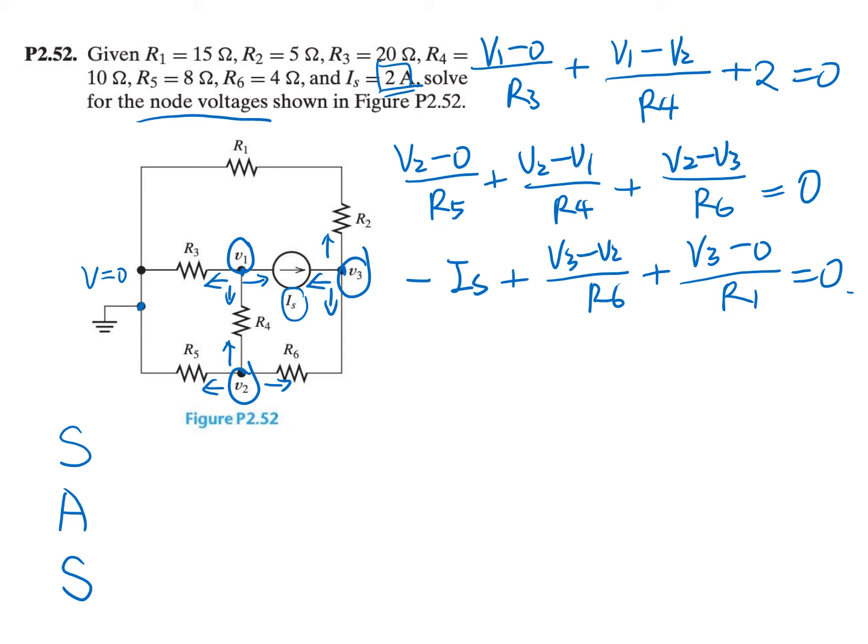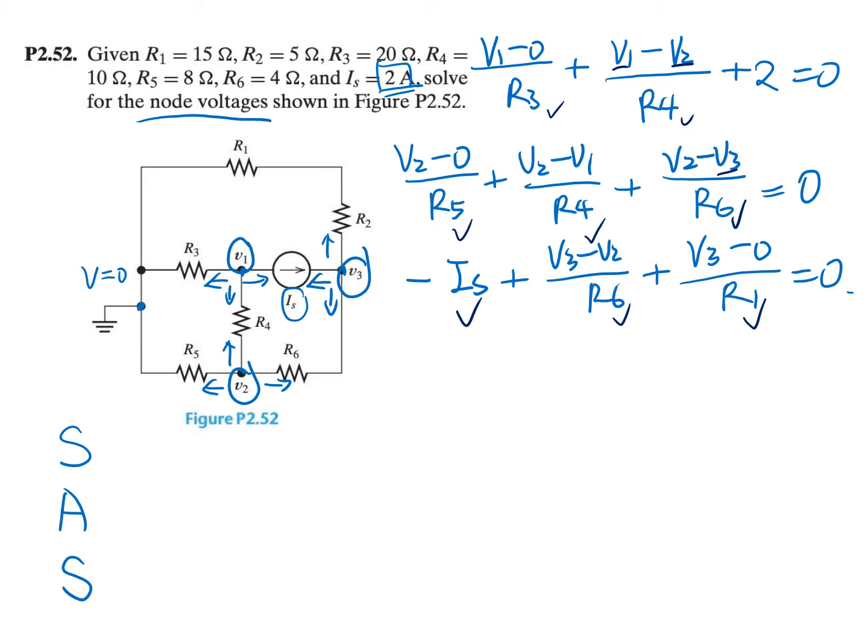Well, for this question, we know all the resistance values, R3, R4, R5, R6, R1. And we also know the IS. So we only have 3 unknowns, V1, V2, and V3. We have 3 unknowns and 3 equations, so we can easily solve this system of equations. So let's substitute in the numbers.